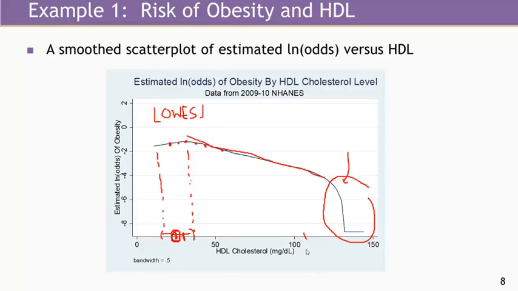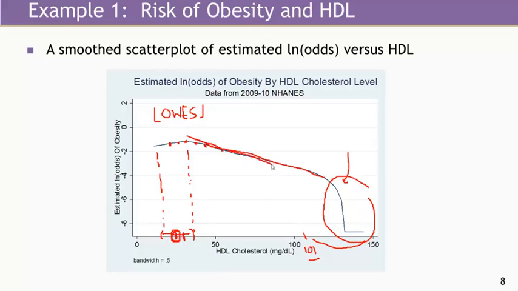The 99th percentile of the HDL cholesterol values is 101. So there are very few data points above 101 milligrams per deciliter, and it looks like not so many of them were obese, so that pulls this curve down. But if we looked at this function between the first and 99th percentile cholesterol levels, it would be well described by this line here.